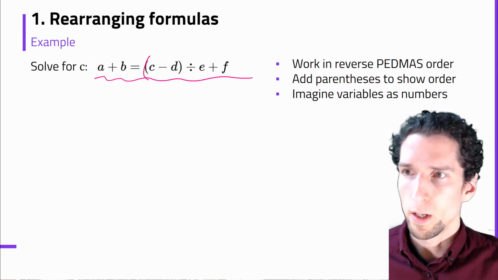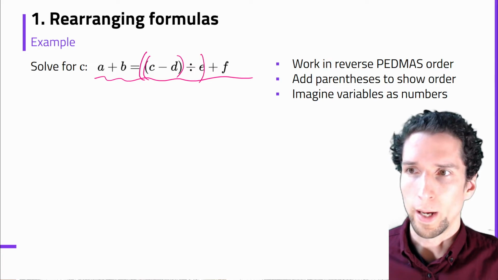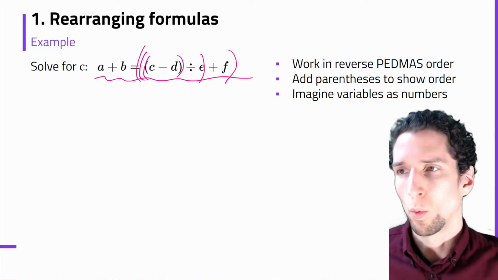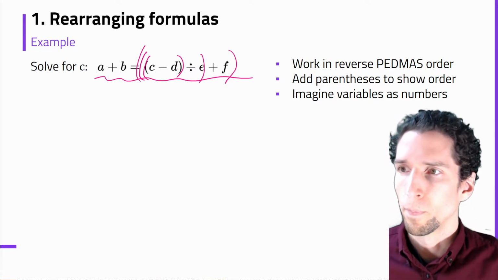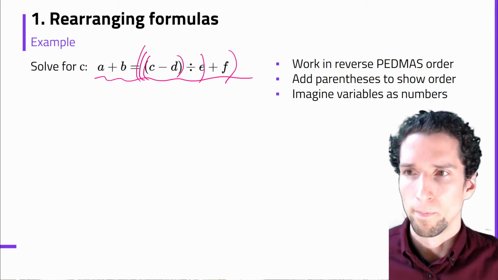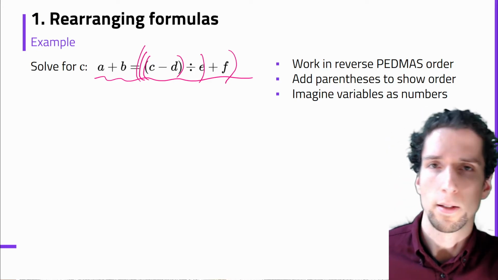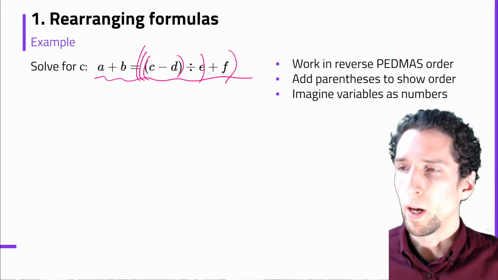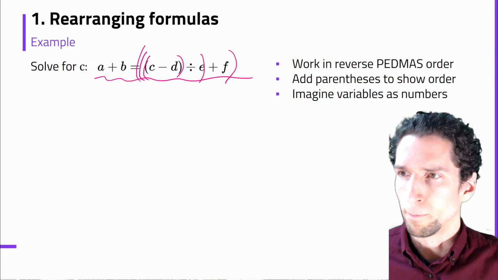We have brackets here, and then next we are dividing by E, and then finally we are adding F. So let's go from the outside and work in. First step, I'm not going to write the minus F on both sides.